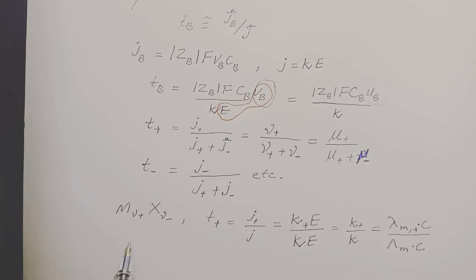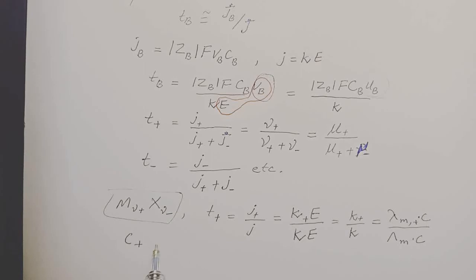And at infinite dilution there isn't any ion pairing, or these species have been dissociated. For this case the C plus will be equal to the concentration times the valency.